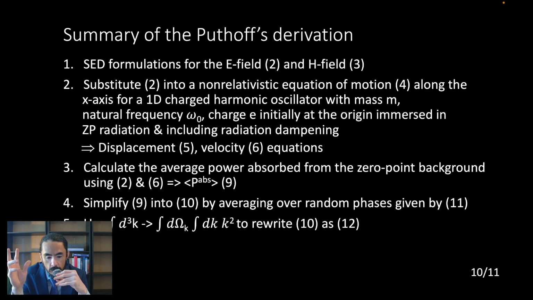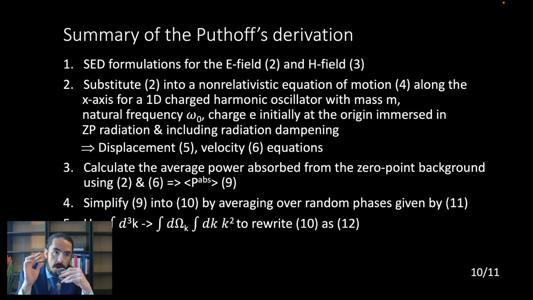It's labeled equation 4, which describes along the x-axis a one-dimensional charged harmonic oscillator with mass m, natural frequency omega naught, and charge lowercase e, initially at the origin immersed in zero-point radiation. It also includes radiation damping. That's a mouthful, but the point of step 2 is we substitute the stochastic electrodynamic formulation for the electric field.